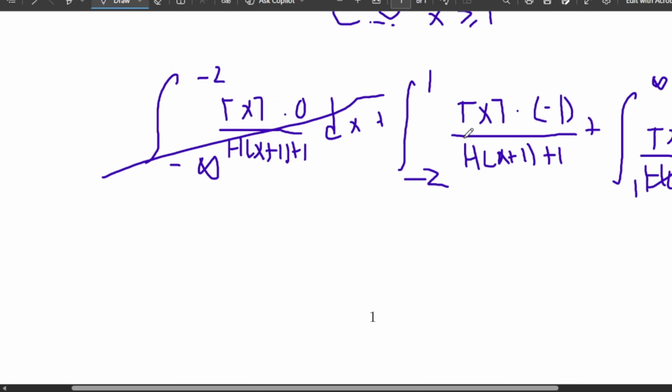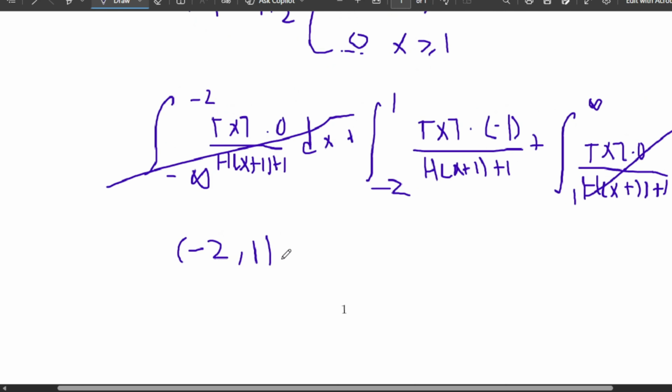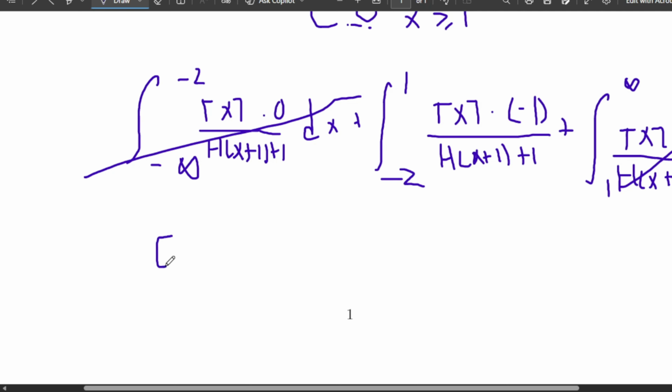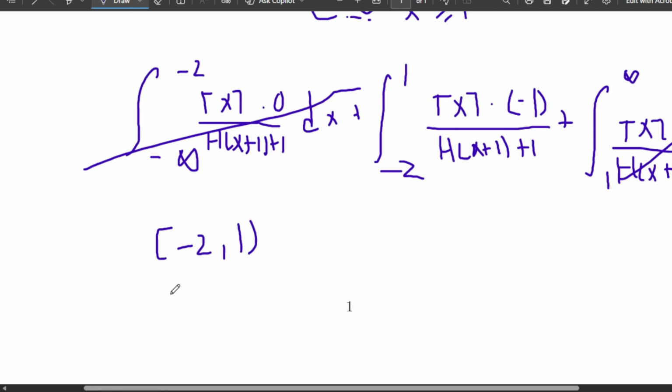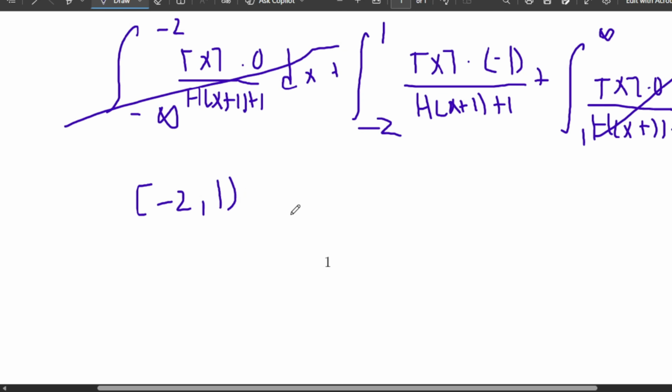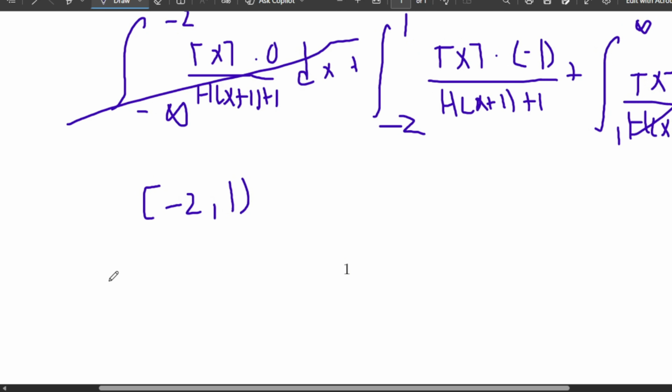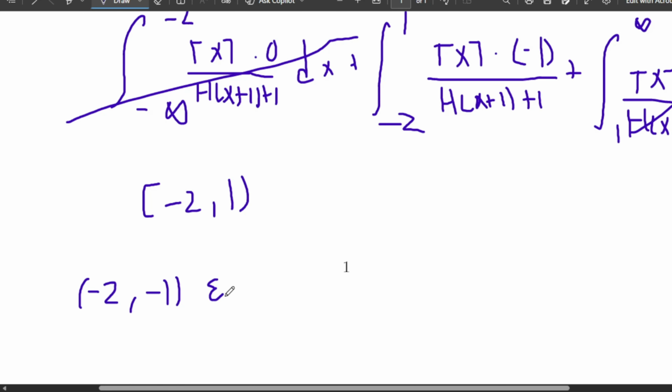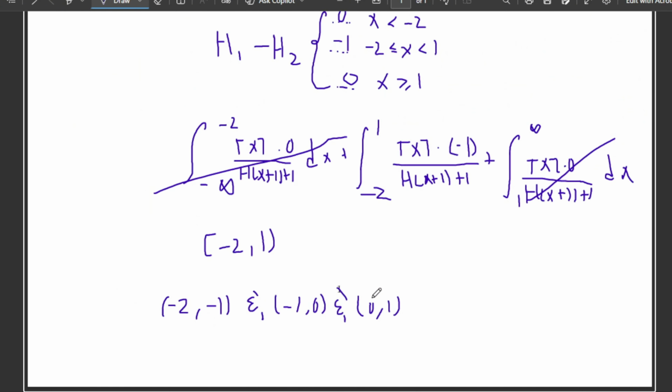In this case we have the interval between negative 2 and 1, so we need to find the sections of the interval: negative 2 and negative 1, negative 1 and 0, and 0 and 1. Let's check.